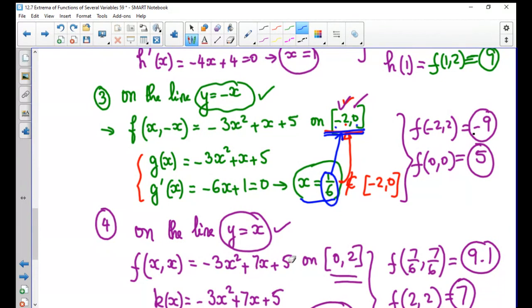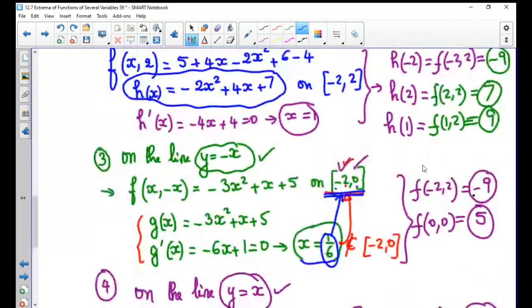No, it's not there because this is a positive number. -2 to 0 are all negative numbers. So this number is not between -2 and 0. So don't use it here. Do you understand? That's basically what happened.